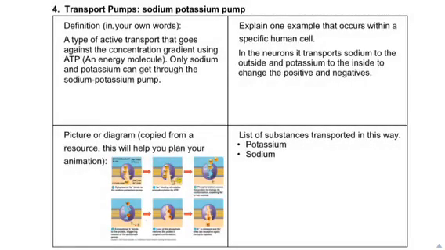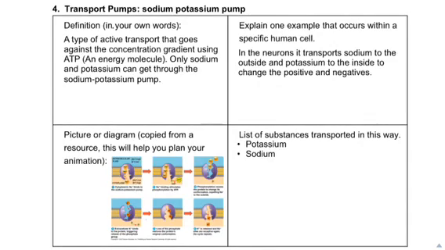Sodium-potassium pump. Definition: a type of active transport that goes against the concentration gradient using ATP, which is an energy molecule. Only sodium and potassium can get through the sodium-potassium pump.